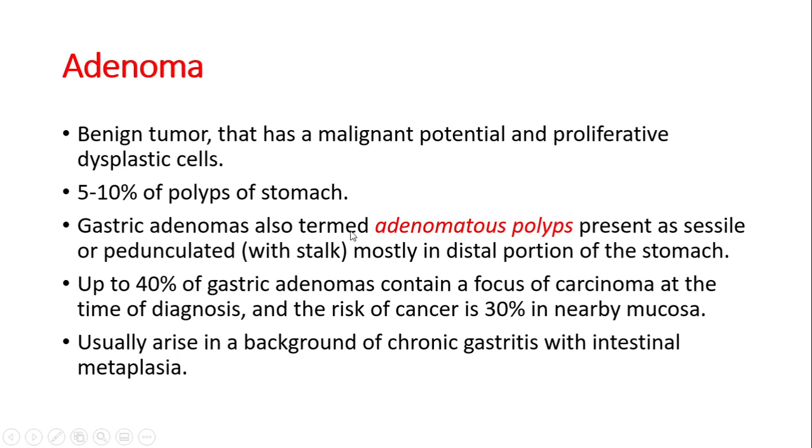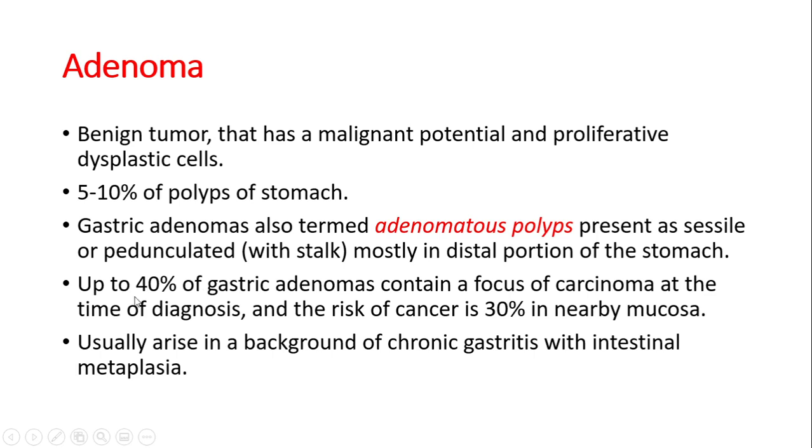Another term for gastric adenoma is adenomatous polyps. They are pedunculated, with a stalk, mostly in the distal part of the stomach.